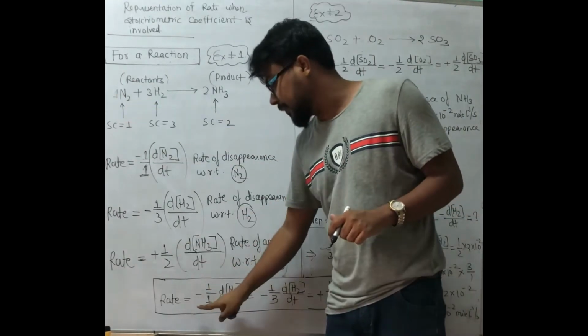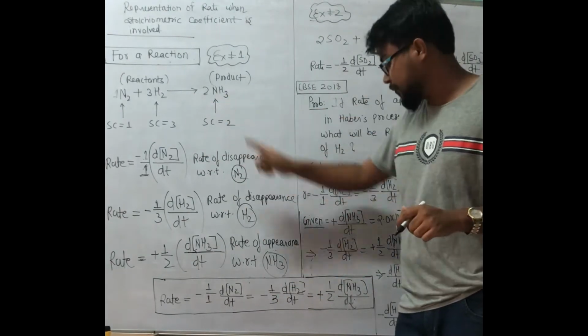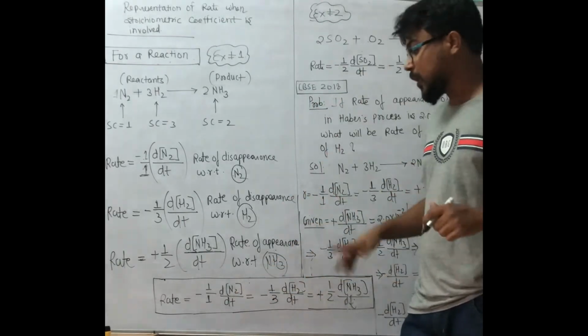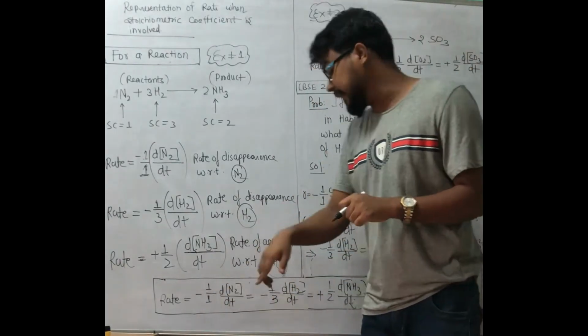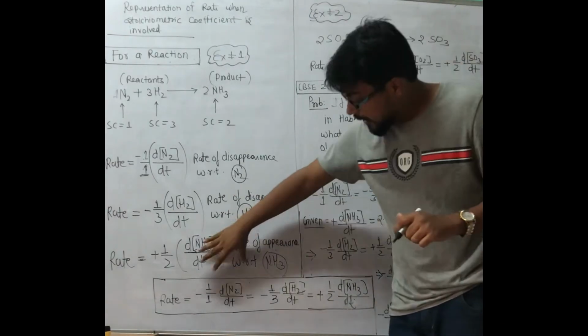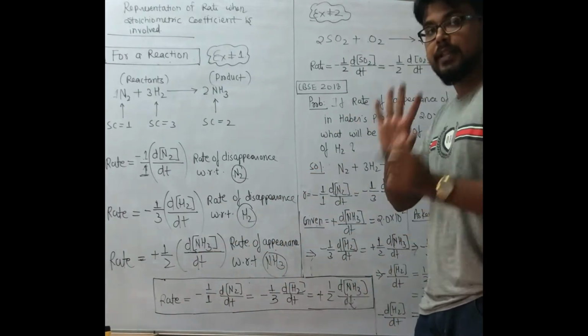If N2 is 1 I write 1, if it is 3 then I write 3, and for ammonia it is 2. But minus and plus are very important. Minus is for reactant and plus is for product, right? And we have to equate all the reactants and products together.